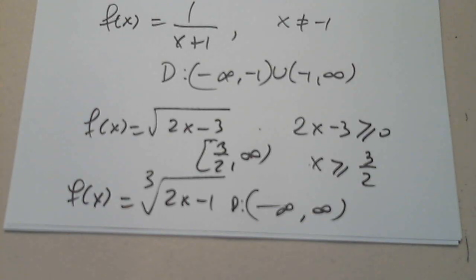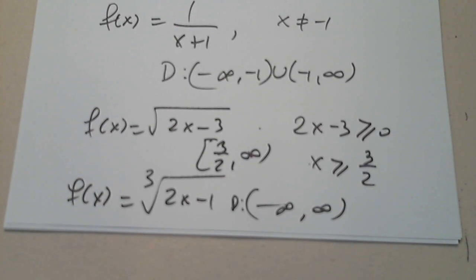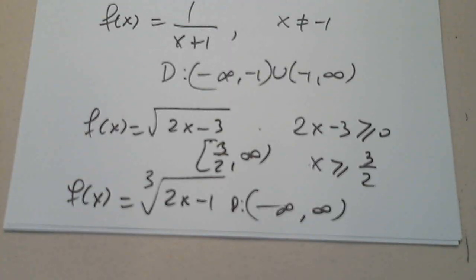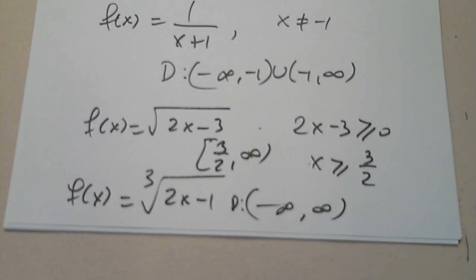Anything. -3, 100, 120, -500 or 5,000. Look, the cube root, give me anything, I'll give you a number back. But look at the square root. You cannot plug in -3 in it. You cannot plug in -5,000 in this example. You cannot plug in whatever.